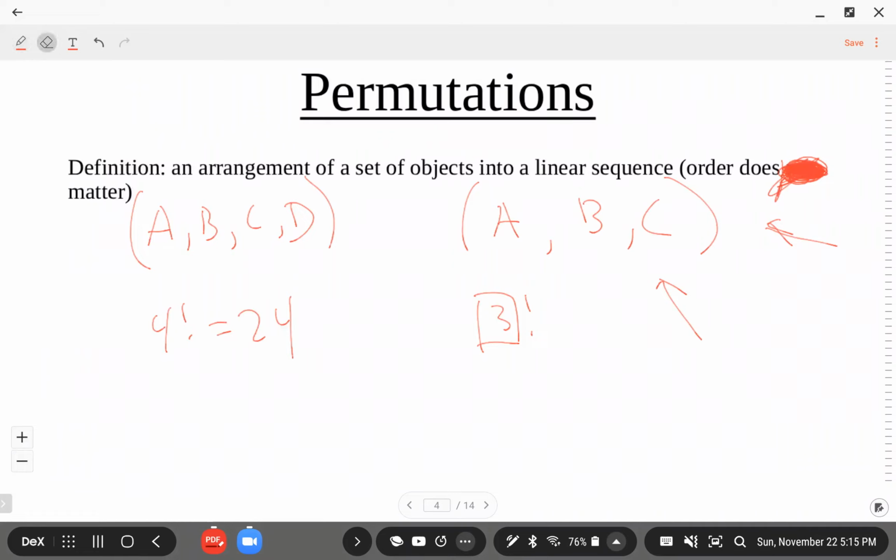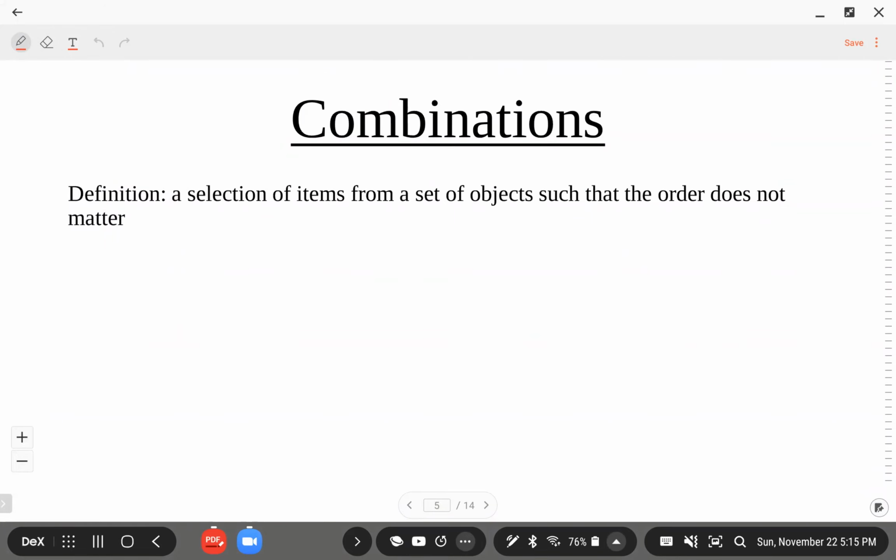Now let's go to combinations. Combinations are just a tiny bit more complicated than my permutations explanation. Combinations are selections of items from a set of objects such that the order does not matter.